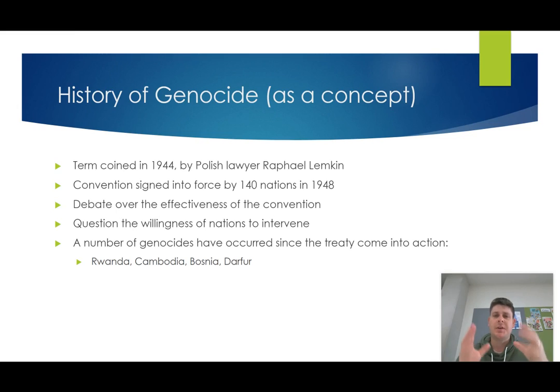When we talk about the United Nations and the effectiveness of the UN, the Genocide Convention is brought into the discussion quite often, because it's quite hard for the UN to intervene given its slow nature and the nature of all nations having a say, including the country that may be committing the genocide.